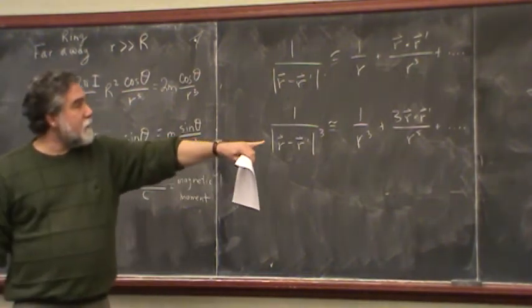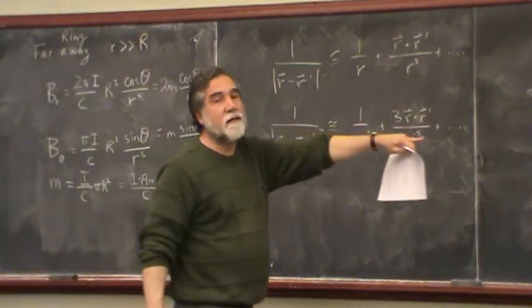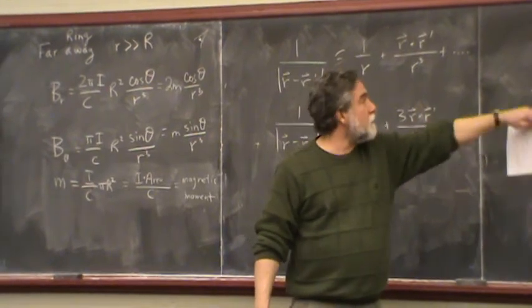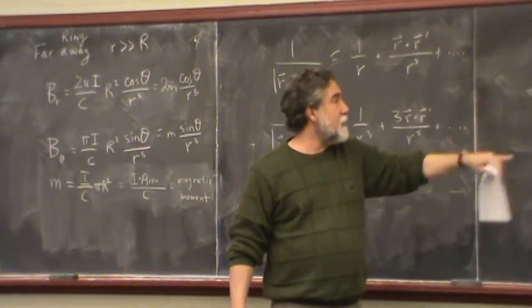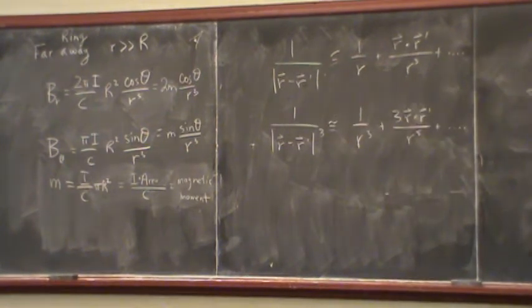Now we look back over there and say, oh, that's the integral that we've got to do in order to find the magnetic field, or the vector potential, take your choice. So in these integrals, I can now insert 1 over r and 1 over r cubed in the expanded form. And if I get far enough away, then only the lowest order terms are going to survive.